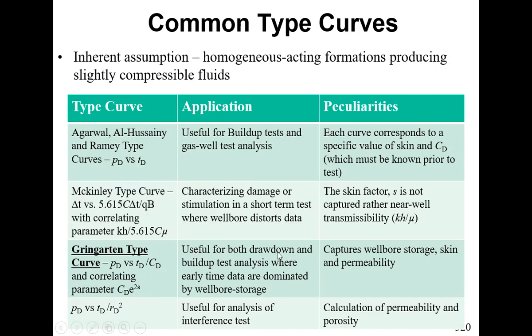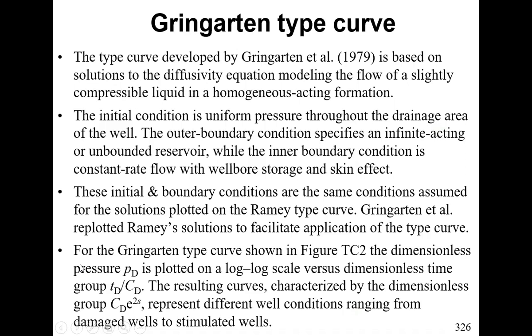It's useful for both drawdown and build-up tests where the early time data is dominated by wellbore storage. In the lecture material, I think I have something on the Ramey curves, but I'm just going to focus on the Gringarten type curve in this video.